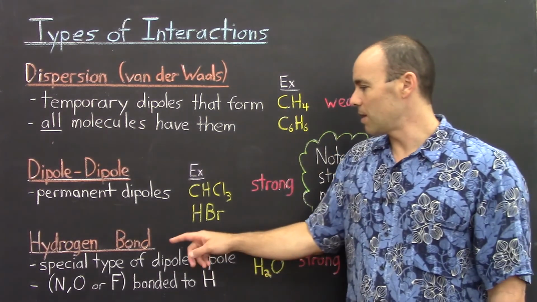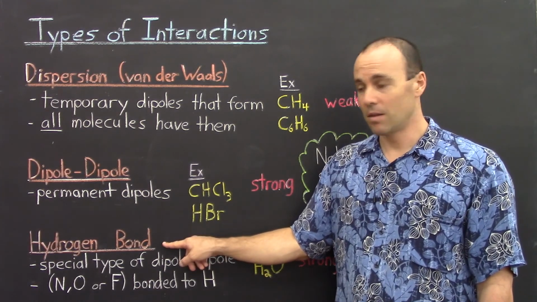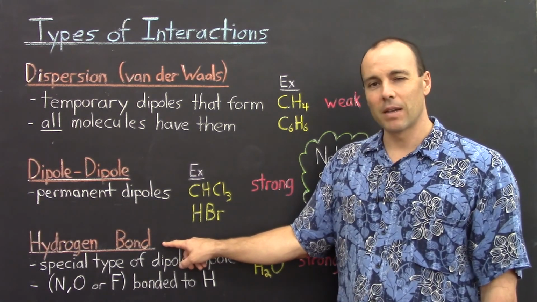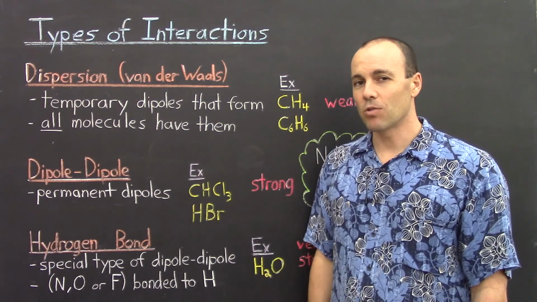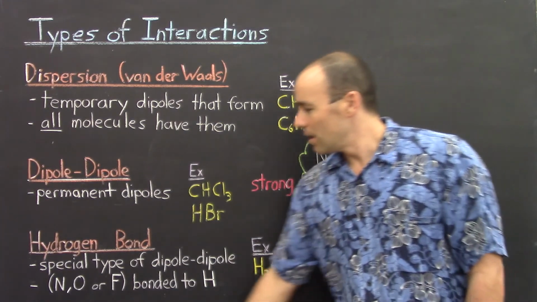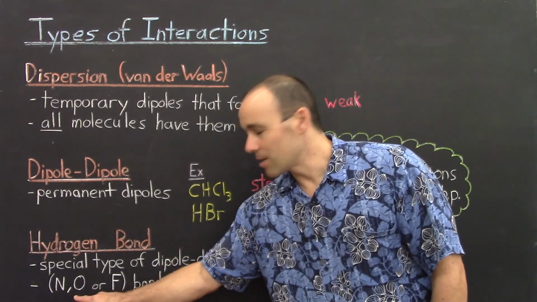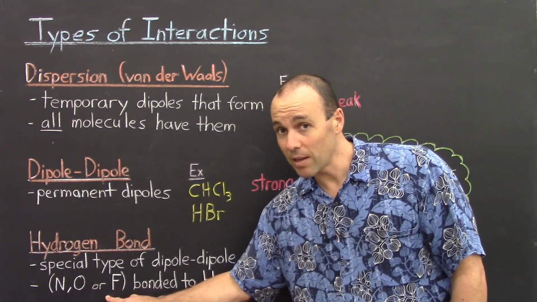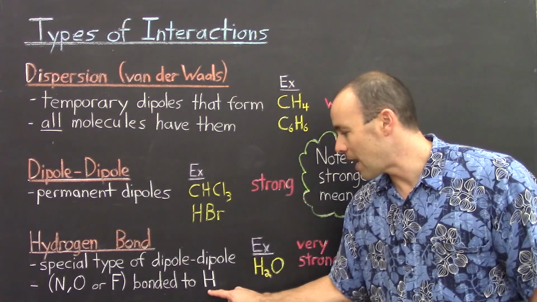The third major type is the hydrogen bond. And hydrogen bonds are really special type of dipole-dipole interactions in which nitrogen, oxygen, or fluorine is directly bonded to a hydrogen.